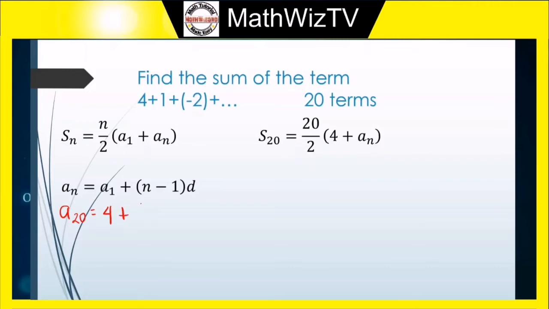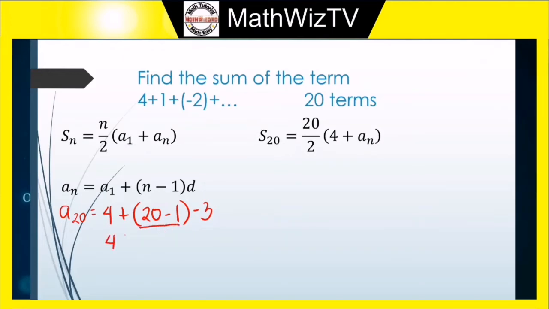plus the quantity n minus 1 multiplied by negative 3. As we can see, our n is equal to 20, minus 1, which is constant, multiplied by negative 3. Again, we follow the PEMDAS rule. We first solve 20 minus 1.